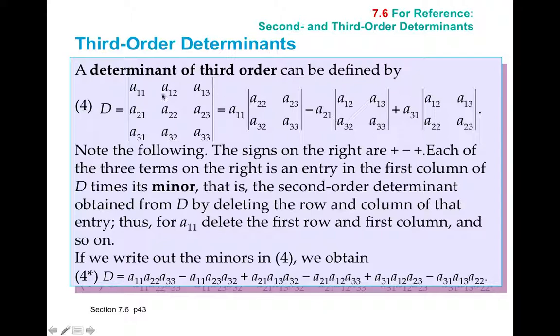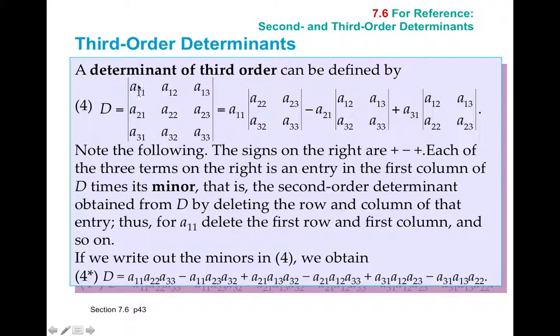A determinant of third order is shown here. Notice once again it is square. Basically, for the determinant of third order, we can choose any row or column. What's going to be illustrated here is the choice of the first column, and so we're going to divide this into determinants and subdeterminants known as minors.